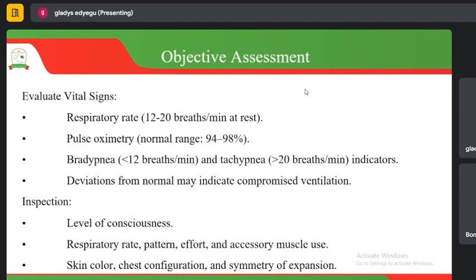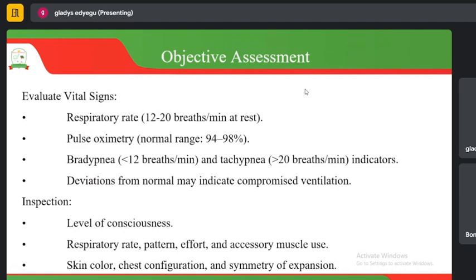Then when you carry out the vital observations, looking at the respiratory rates of this patient, the pulse, the blood pressure, that is also under objective data or objective assessment, because it's you, the health worker, who is collecting this information. It's not the patient, and it's you to interpret it.